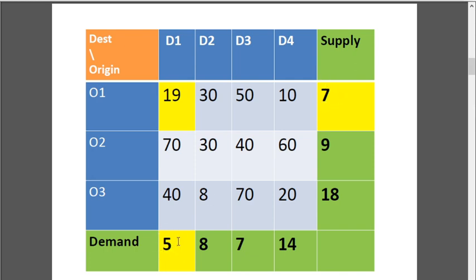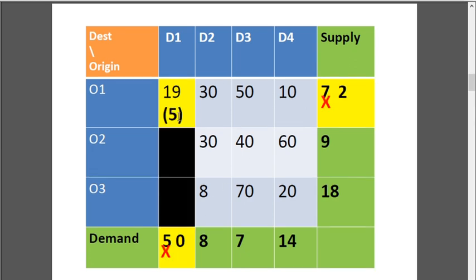If you can satisfy the entire demand, satisfy the entire demand, or else satisfy the demand based on the supply available. So from 7, I will satisfy 5 units, and if the demand becomes 0, delete the remaining cells in that column. Then change the available supply and change the demand.